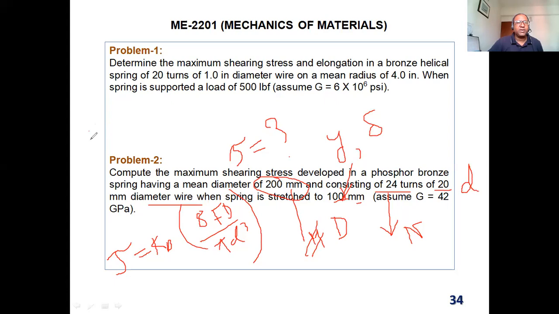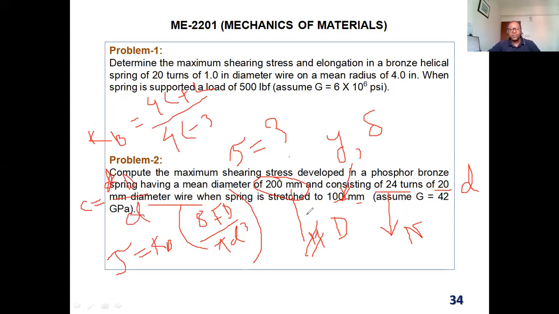So Kb equal to 4c plus 2 divided by 4c minus 3, I think. And what is the c? C equal to big D by small d.